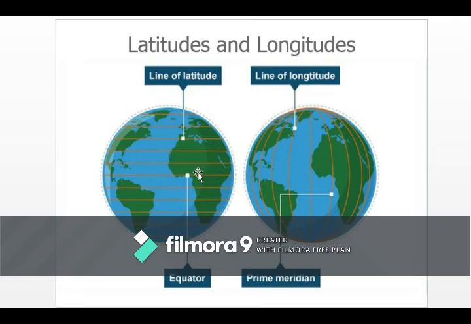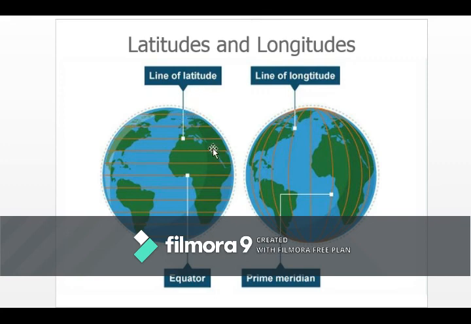Above the equator is all the northern hemisphere, and below the equator it is all the southern hemisphere. Just like this, if I talk about the right side of the prime meridian, it is the eastern hemisphere. And if I talk about the western side of the prime meridian, the central line of the earth, then I'm talking about the western hemisphere. You have to keep this in your mind.